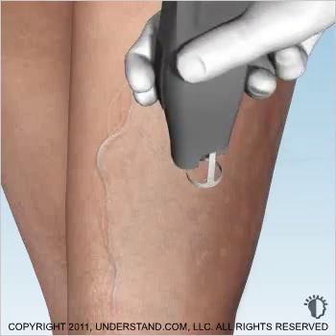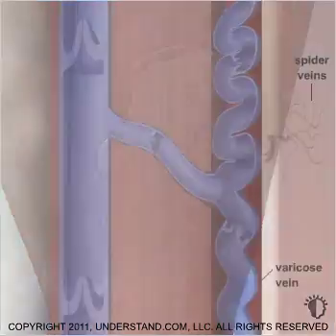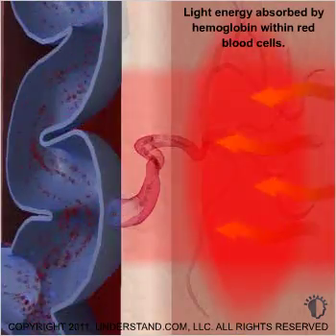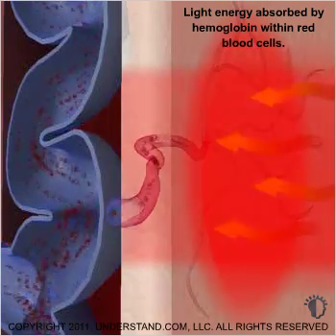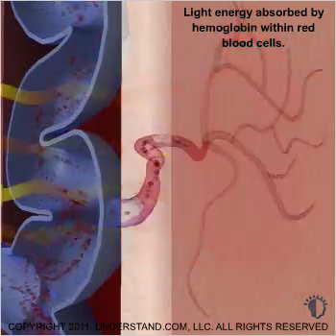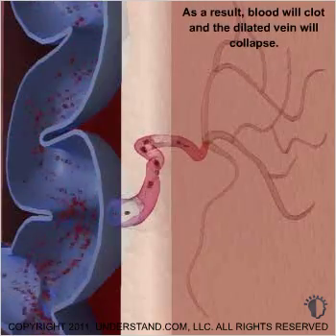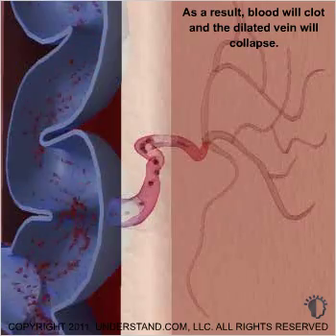During the procedure, the physician will guide the laser over the treatment area. As the laser pulses intermittently, it delivers light energy, which travels through the skin and is absorbed by hemoglobin within the veins. As the hemoglobin absorbs the light energy, the blood that has collected in the dilated vein will coagulate or clot.